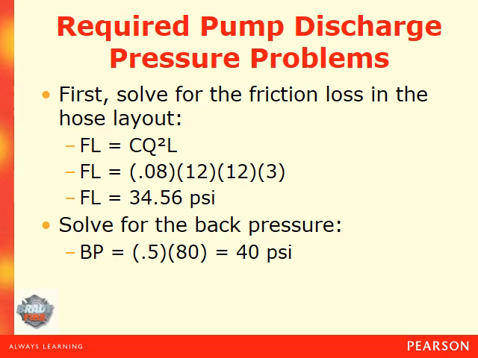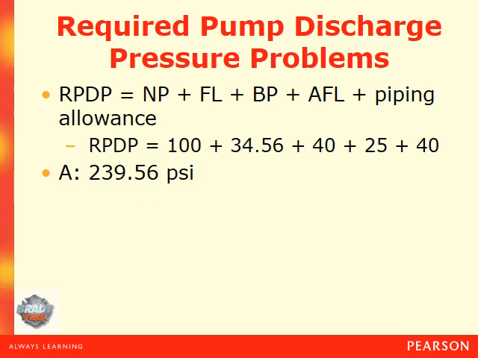So the last thing we have to solve for is our back pressure. And we know that we're 80 feet up, so 80 times 0.5 gives us a back pressure of 40 psi. So now we add it all up.